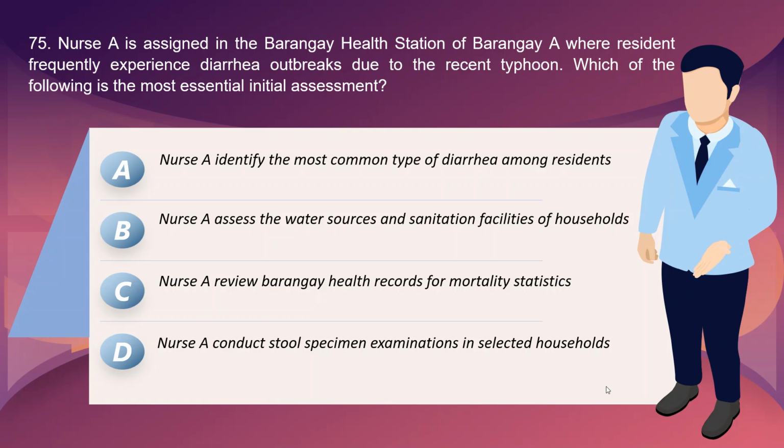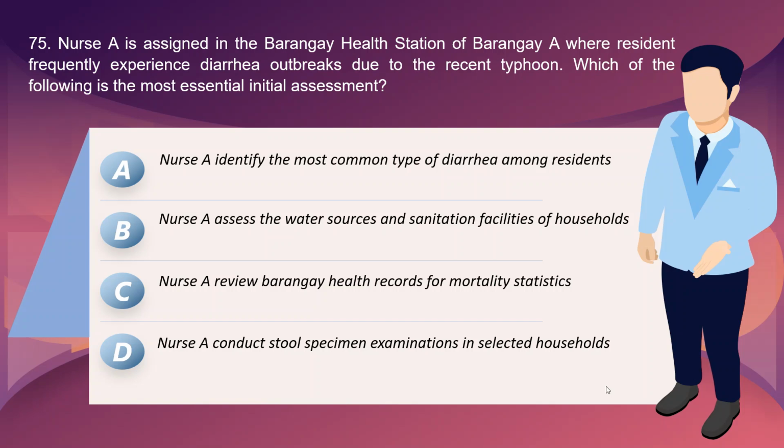That's why we have to assess the water sources and sanitation facilities of the households. And of course, it is emphasized by Formorca that community diagnosis begins with identifying environmental and social determinants, and of course, in this scenario, there's presence of unsafe water and sanitation, which are actually the likely causes of the condition.